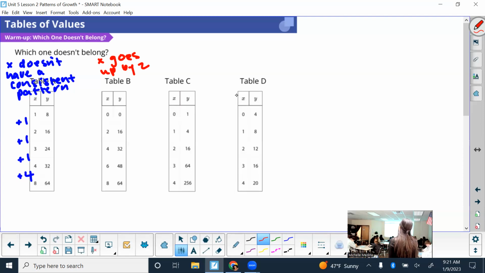So table 3, why would someone say that C doesn't belong? Table 3 is Aubrey, Lucas, Mariangela, Peyton, whoever the reporter is. Give me a reason why table C would not belong.